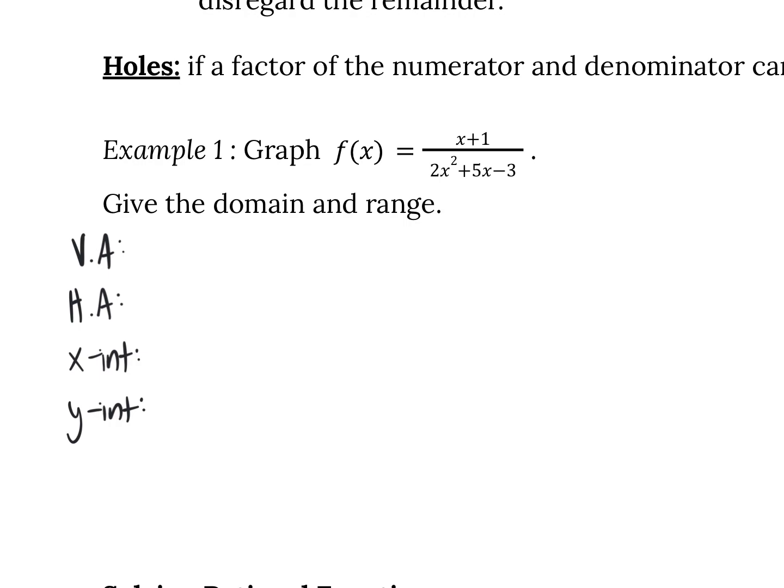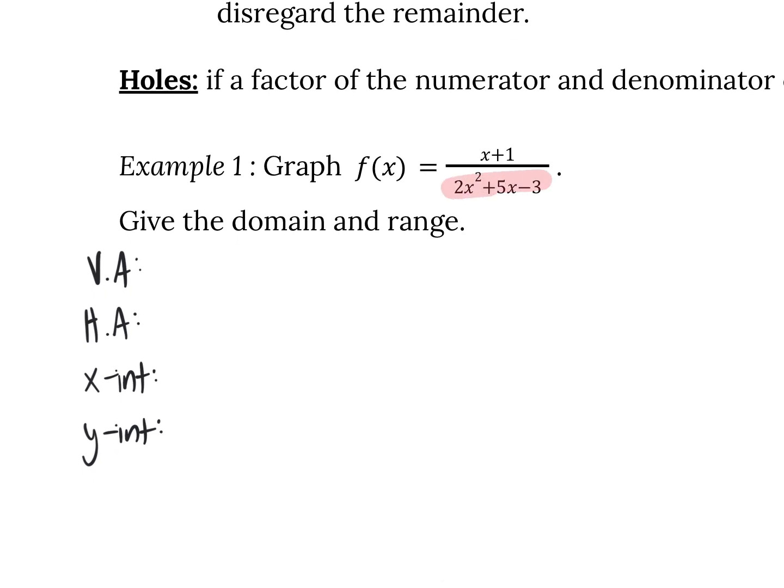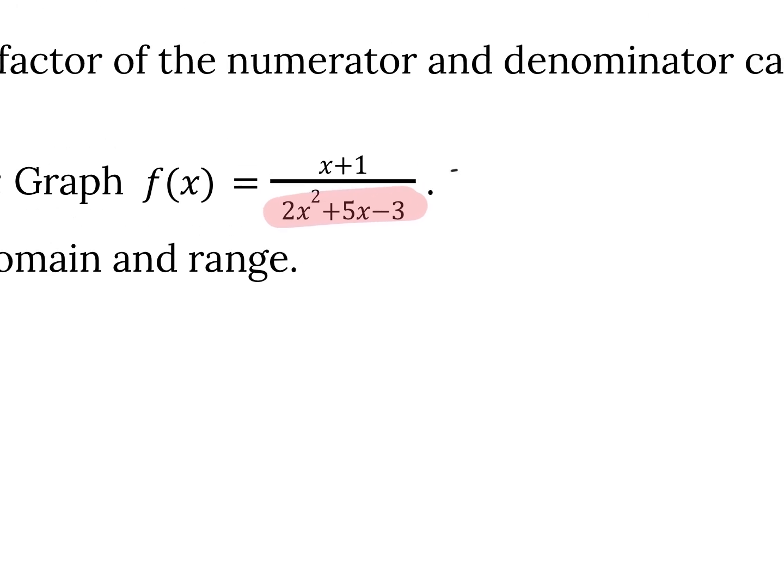Vertical asymptotes we find by doing what? Setting the denominator equal to 0, okay? So I'm going to set this equal to 0, and let's just real quick factor this. If I factor the denominator, I would have 2x and x. Then I want numbers that multiply to give me -6 and add to give me 5.